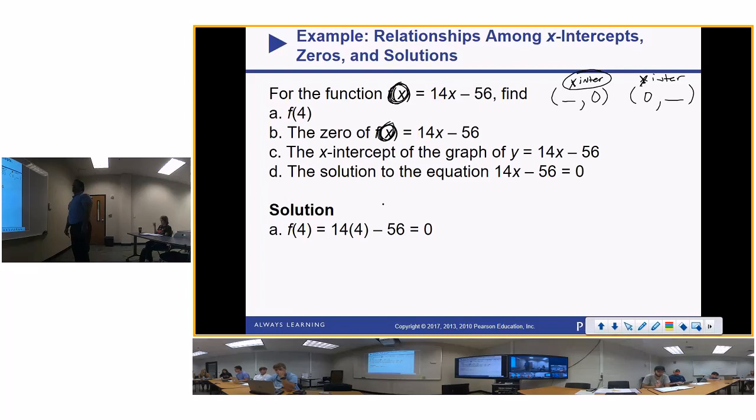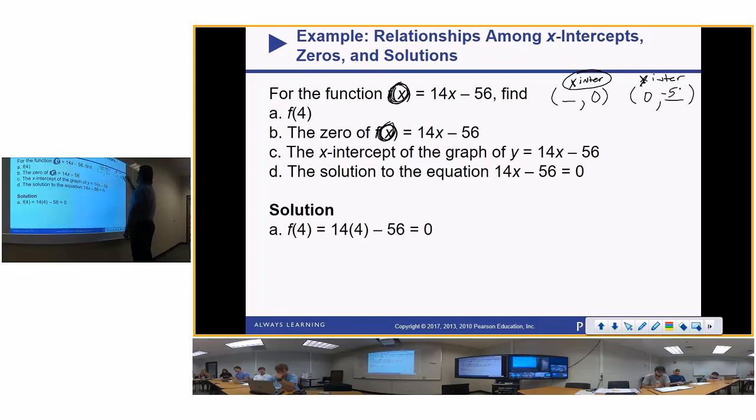And you get what? 56? So negative 56 is your y-intercept. Your x-intercept is going to be 0 is equal to 14x minus 56, plus 56 is equal to 14x. So 4 is your x-intercept.